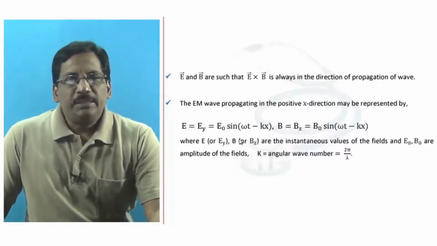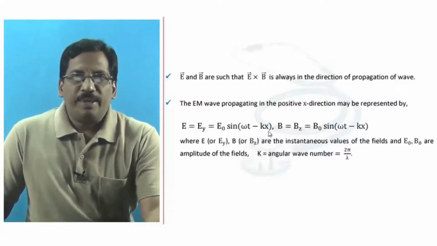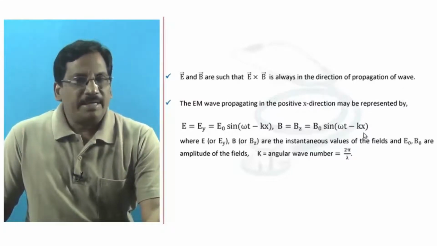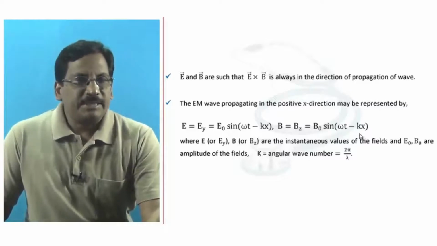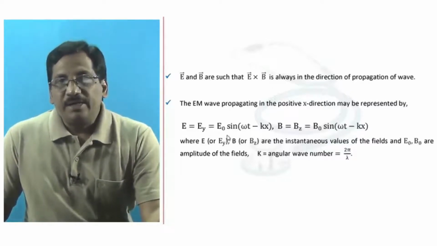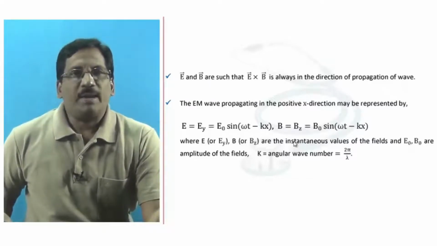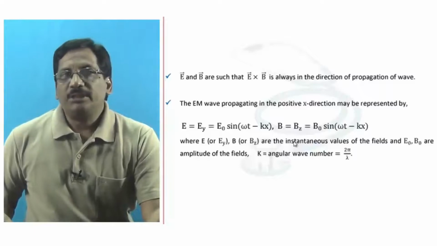So E equal to E naught sine of omega t minus kx, B equal to B naught sine of omega t minus kx represents the electric field and magnetic field instantaneous values in the given electromagnetic wave propagating along positive x-axis.